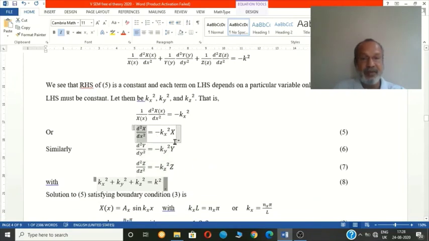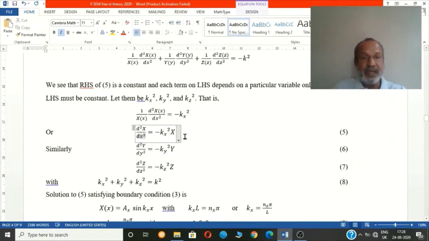So we get three independent differential equations, and they have solutions. I actually discussed the solution to this type of equation in your class when I took SHM, simple harmonic motion. At that time, this variable was t, d square x by dt square is equal to minus omega square x. That was the equation. So this equation is also a similar equation.